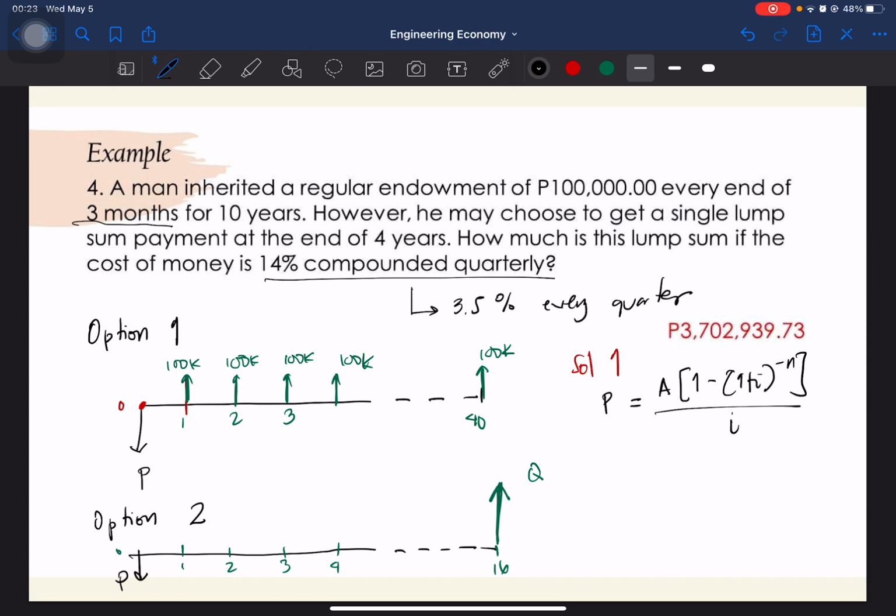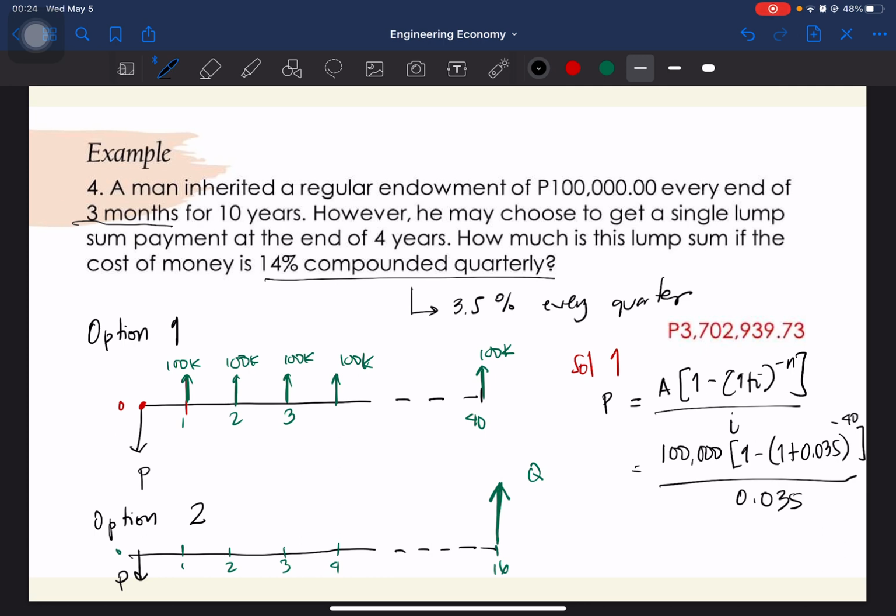We don't know P. A is 100,000. 1 minus 1 plus 0.035 raised to negative 40. Over 0.035.